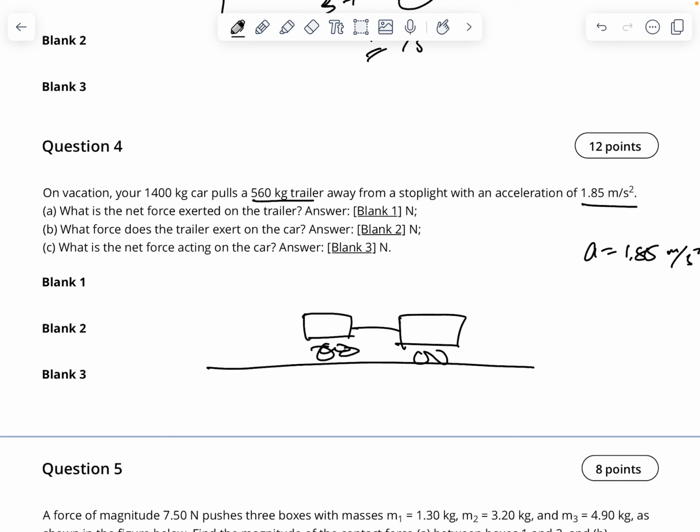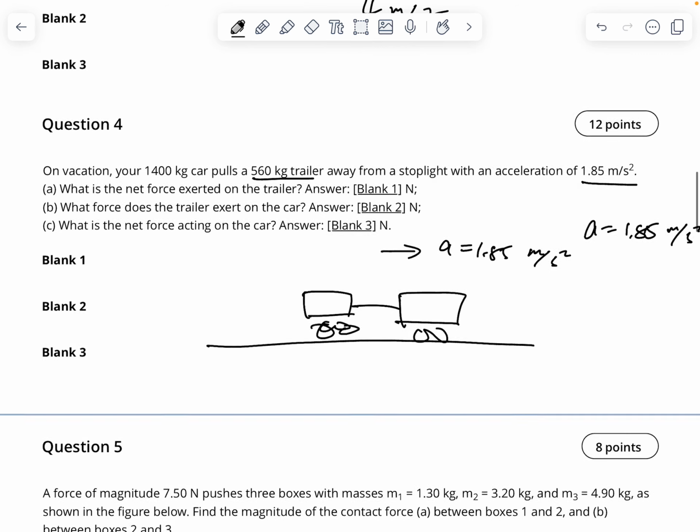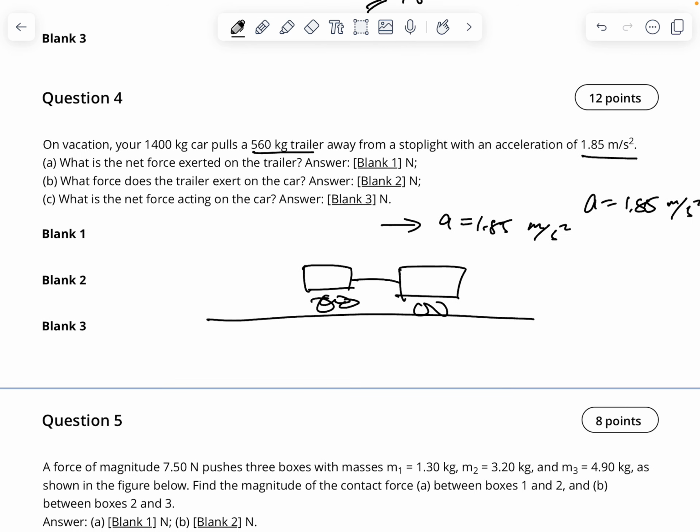Your car mass is 1400 kg, the trailer is 560 kg. Because they move together, both of them have the same acceleration.